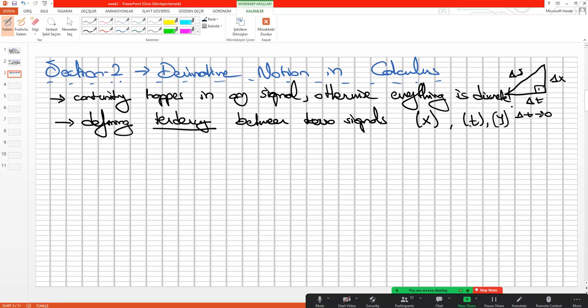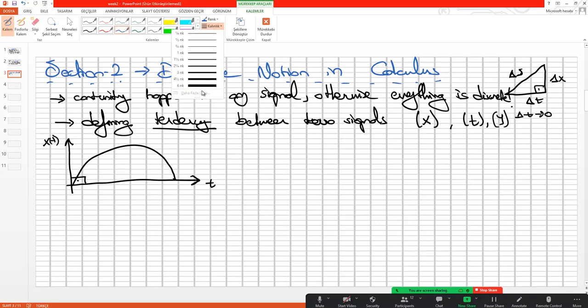Okay, and so in math or physics we draw the new dimension in here, or the signal, just like this one, x of t. Okay, and so we can build these terms in here, and after that we can put the one Pythagorean triangle in here, delta t and delta x and delta s. Okay.